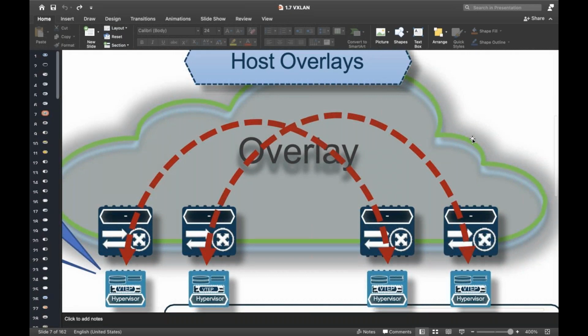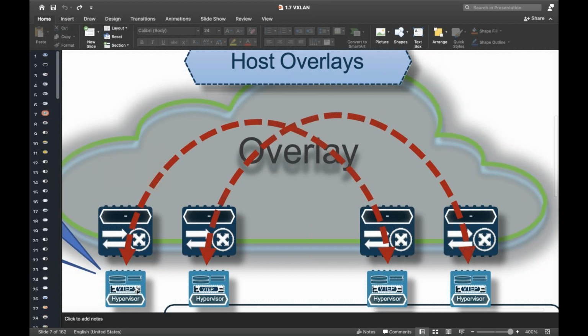Now, our host overlay is being configured not on those physical switches which used to be called VTAP devices. Our host overlay is configured on the virtual VTAP devices. You know what this means?